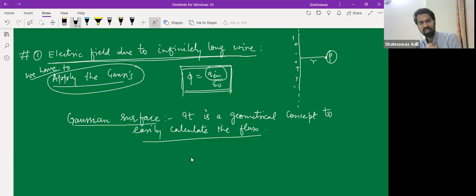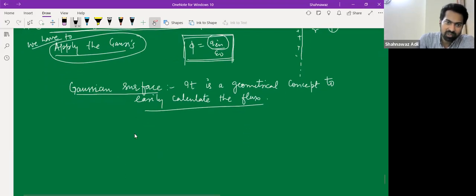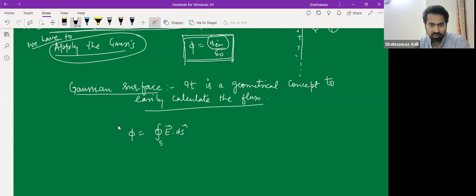So we can choose any kind of Gaussian surface, but we have to follow two things. And what are those things? To apply the Gaussian surface, we need to have, so what is flux, guys? In the closed surface, what is flux? Number of field lines. Right. This is for the closed surface, right?